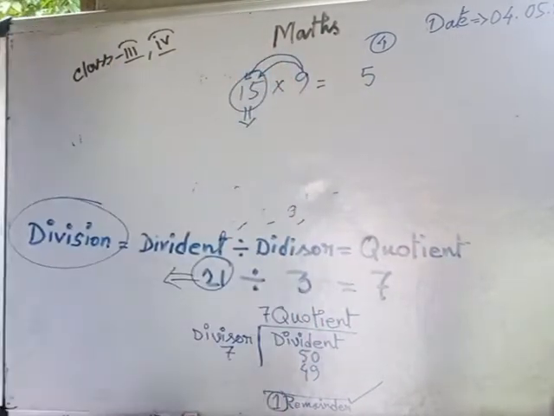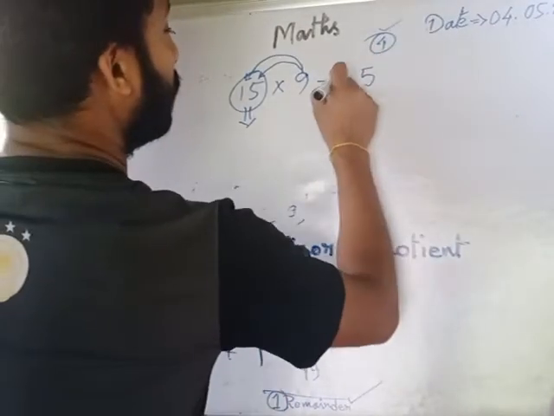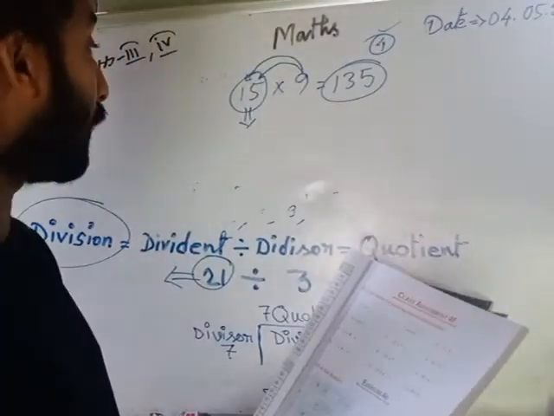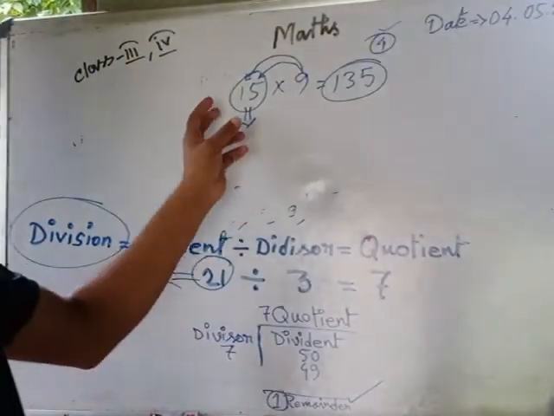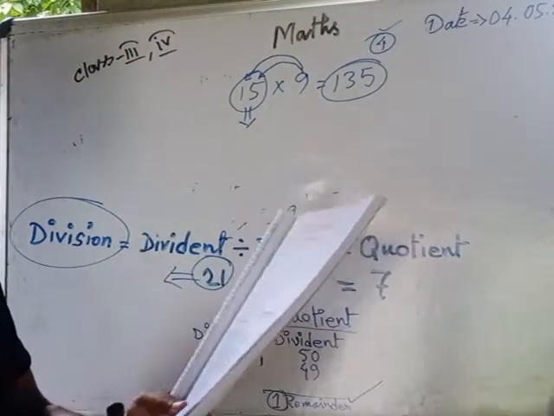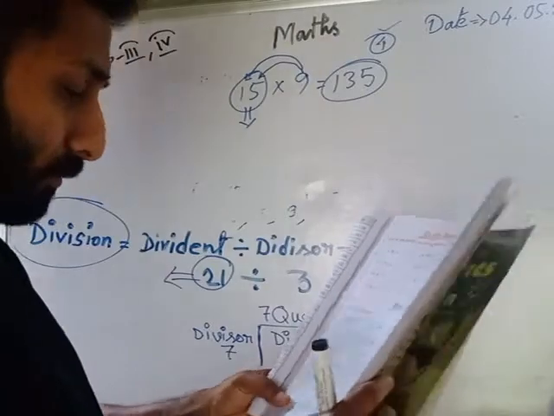After that 9 ones are 9, plus 4, that is 13. So we get the result in the same way, but by a different method. When you learn the table of 15, that is the easiest way.